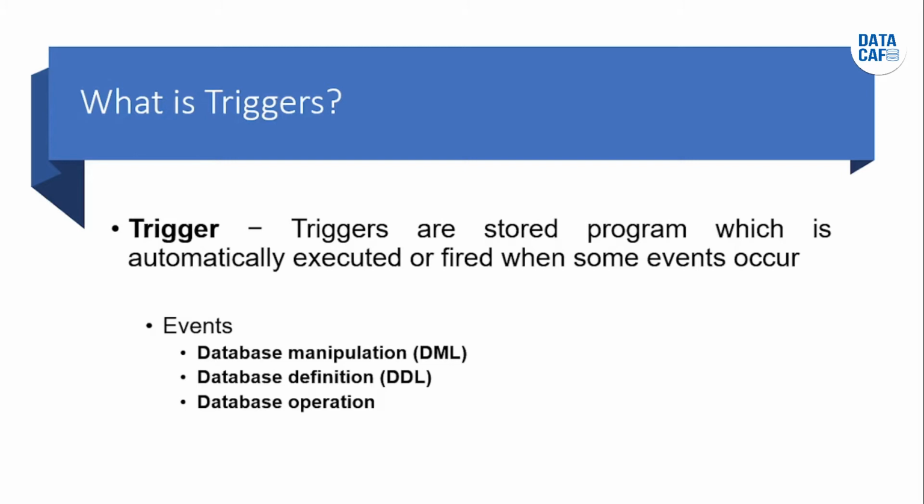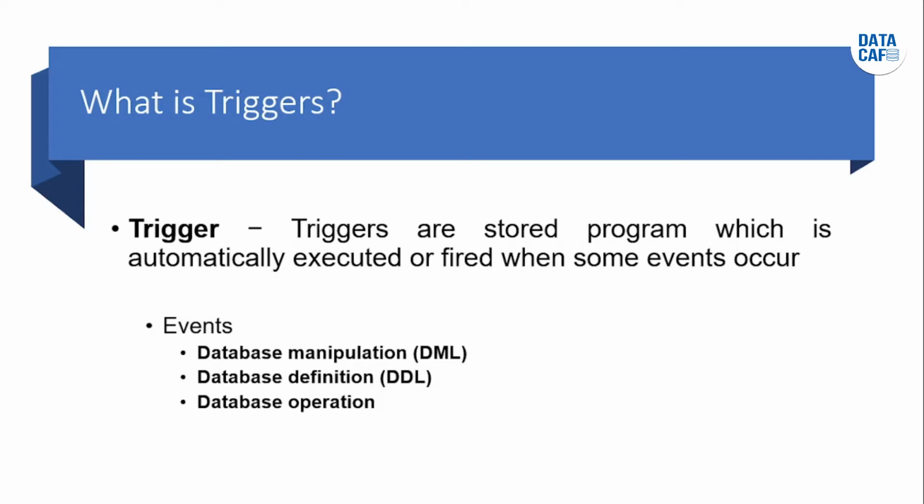So if you create a table or create a procedure, it will trigger your implemented triggers. The last one is database operations like server errors, logons, logoffs, startups or shutdowns. So these three are the main events which occur with the triggers.